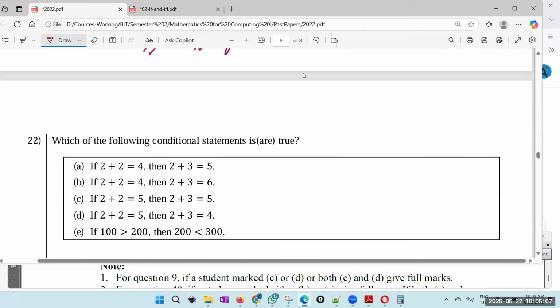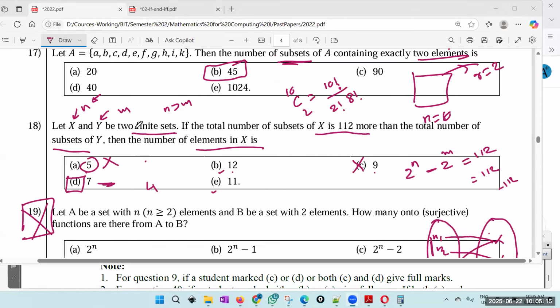Right. And there was another chat asking, can you explain question 18 again? So question 18: let X and Y be two finite sets.